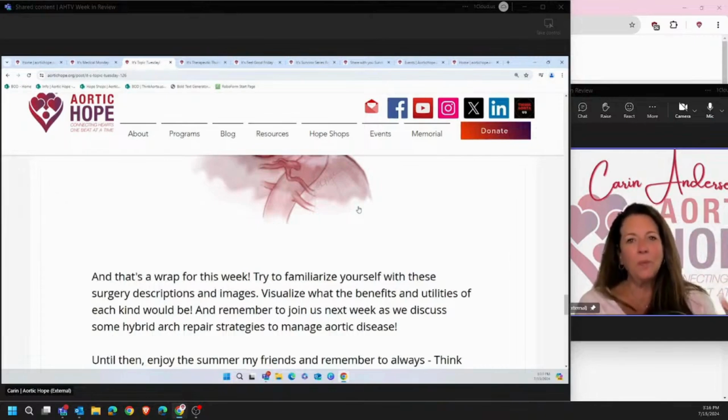I think it really helps to understand and have some visuals so that you have better questions to ask. You're more prepared before you're having surgery, you have a better understanding of recovery and how this is being managed. So visualize the benefits and utilities of each kind of surgery.